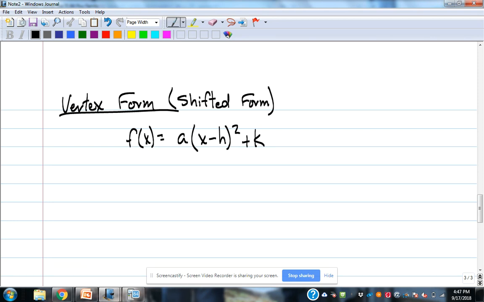If it's positive, it opens up. If it's negative, it opens down. If it's positive, we have a minimum. If it's negative, we have a maximum. All of those things from that a are exactly the same. Nothing is changing as far as what a does. All right? H and K are the vertex. Okay?